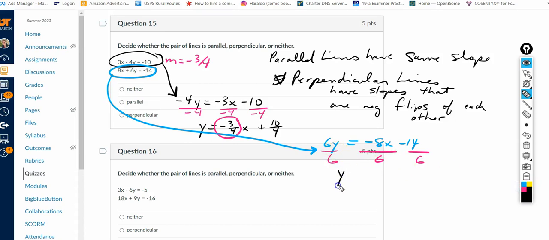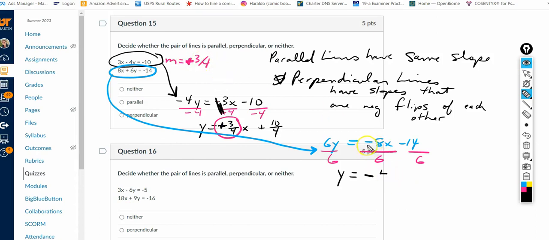And so I'm going to have y is equal to -8/6, which will reduce to -4/3. Oh, sorry, my bad. These negative signs cancel each other, so I'm going to have a +4/3 there. All right, sorry about that. They were different colors is what fooled me. So that's a +3/4.